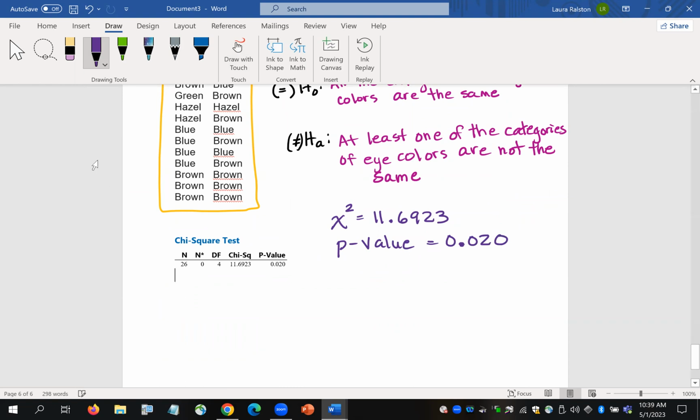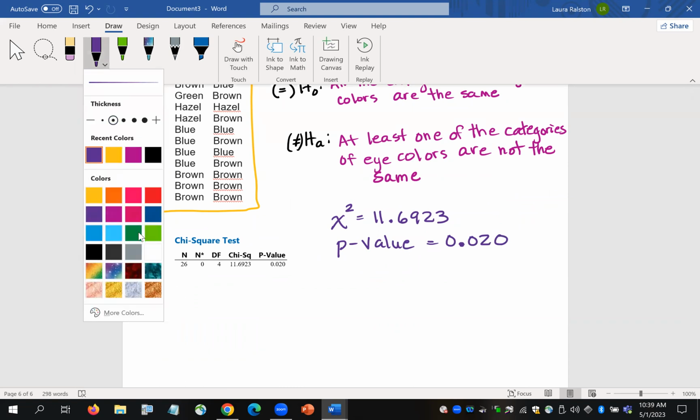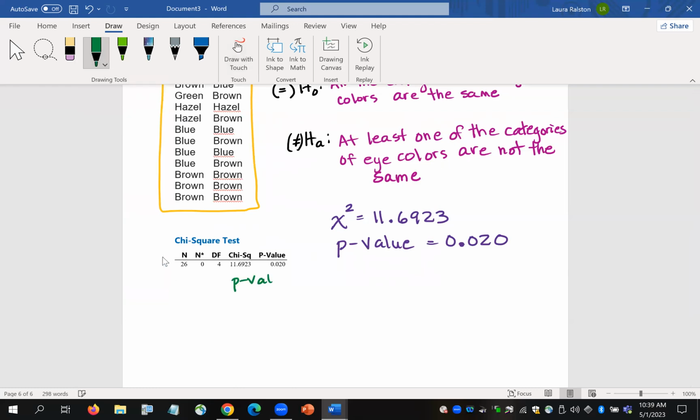I'm going to make our comparison of the p-value, which is 0.020, to alpha, which is 0.05.